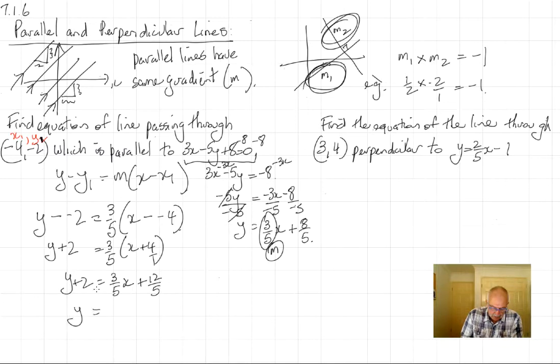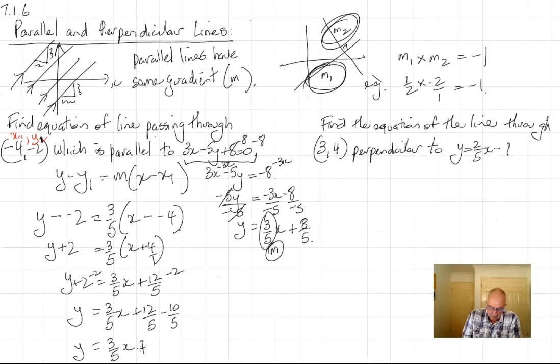So y, take 2, is 3 on 5x. Now 2 we're going to make over 5, so multiply top and bottom by 5, and I'll get minus 10 on 5. Minus 10 on 5 is like minus 2. So we get y equals 3 on 5x plus 12 on 5 minus 10 on 5.